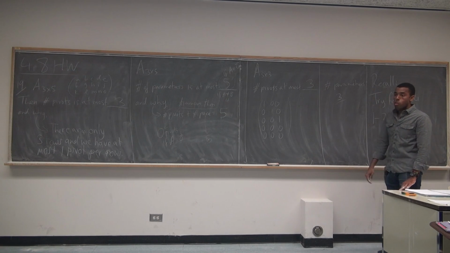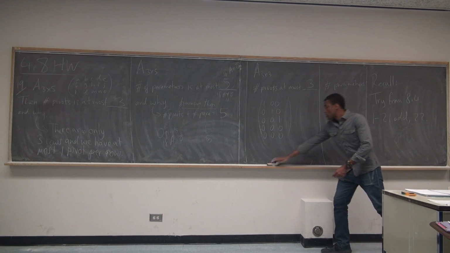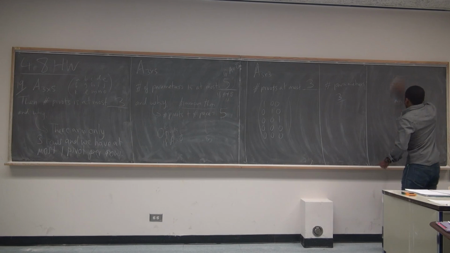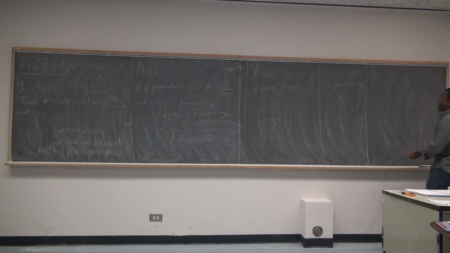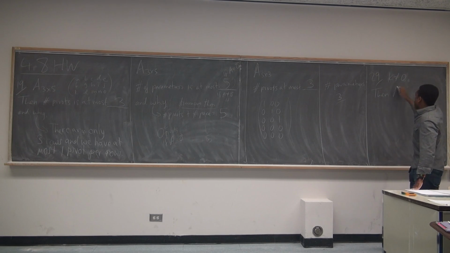Professor, slide 29 proves that if K is different than 0, then A and KA have the same rank. Yes, if K is non-zero, then A and KA have the same rank.